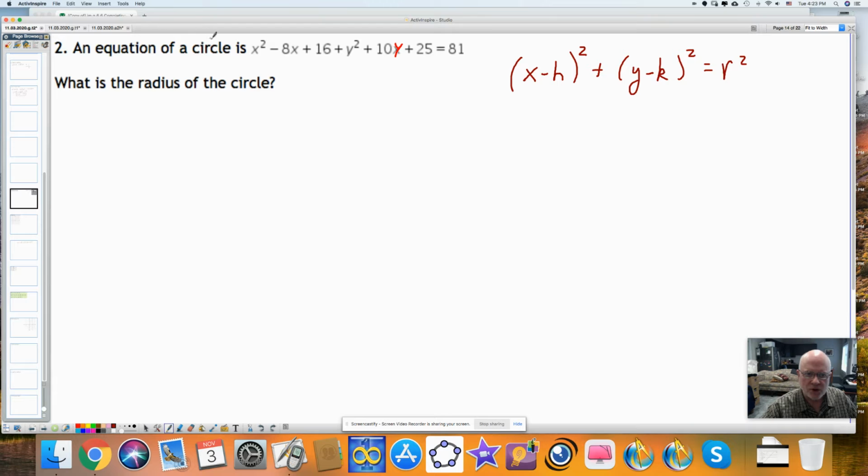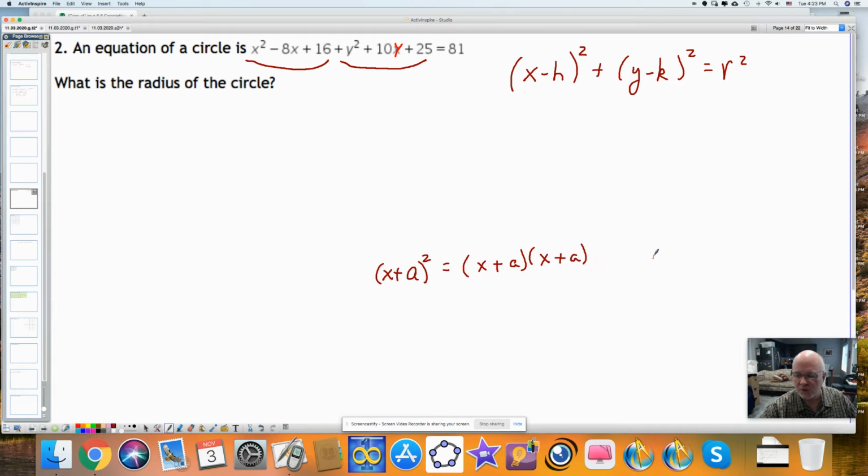And you'll notice that here I have these three terms that make a perfect square trinomial. What do I mean by that? Well, if you have x plus a and you square it, that's the same as x plus a times x plus a. To show you what this is equal to, I'm going to use the area model, the box.